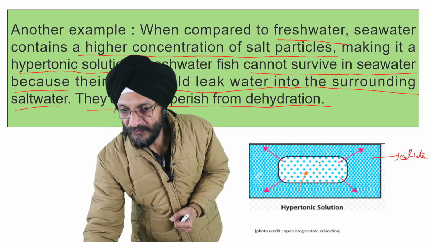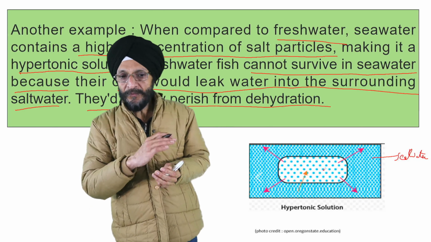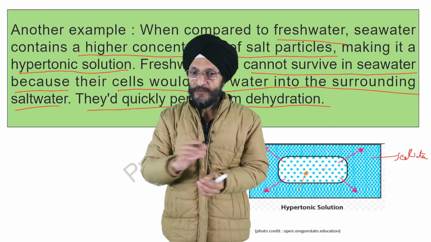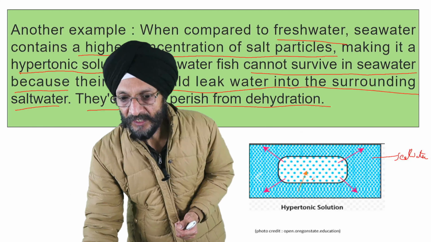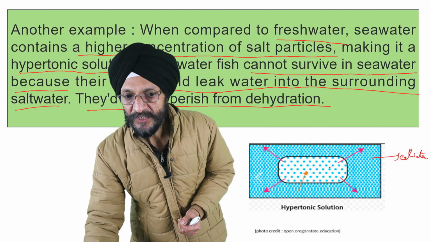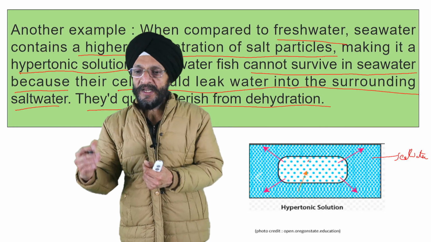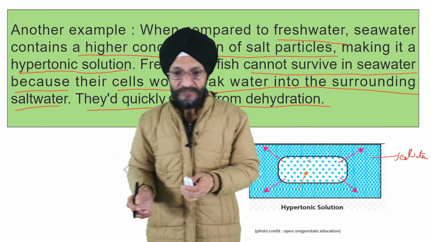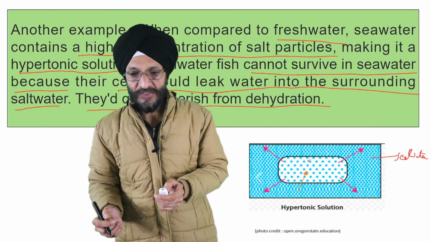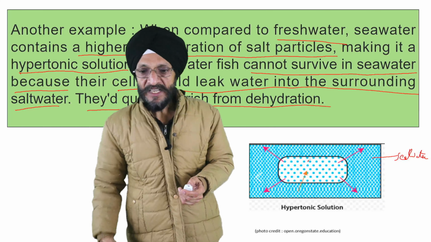The contraction of the cell of the fish will happen and ultimately all the cells of the fish would leak water into the surrounding salt water. And ultimately what would happen to the fish? They would quickly perish from dehydration, and it would lead to the death of the fish, as more and more water will come out of the cells of the fish.